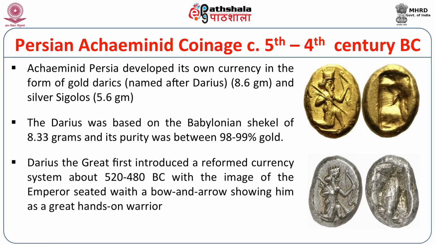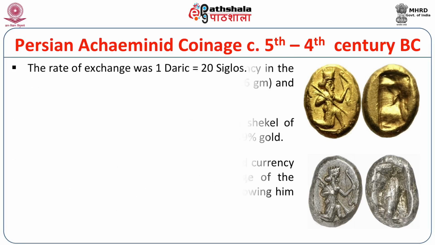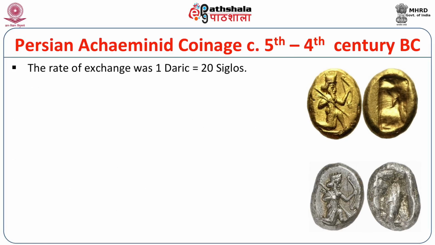And it had its silver units called sigilos. And there was an interconversion possibility rate between the darics and the sigilos. One daric was equal to 20 sigilos. So this was the achievement of the Achaemenids in their period.